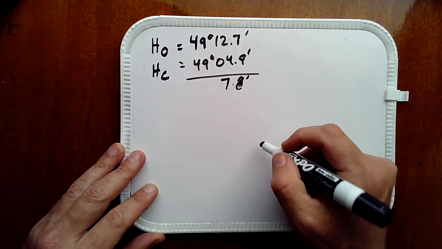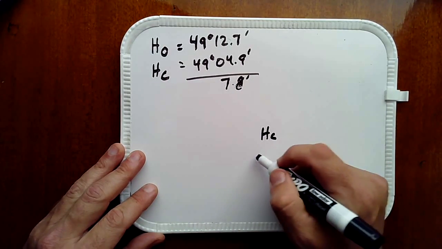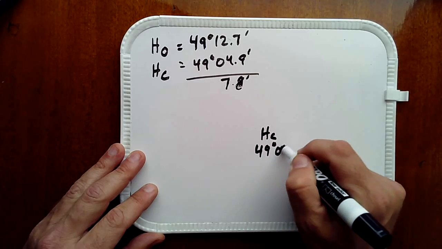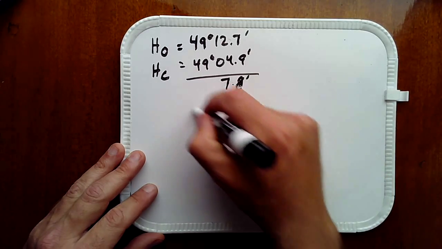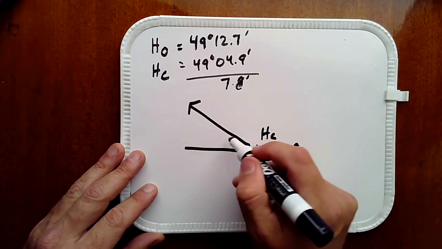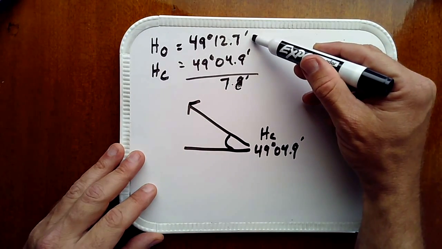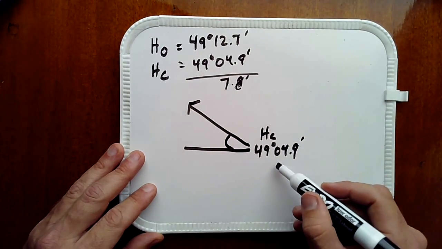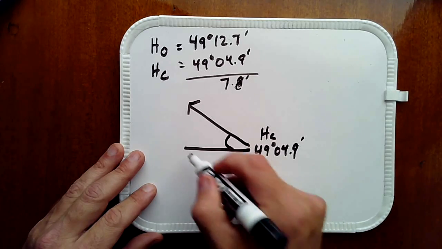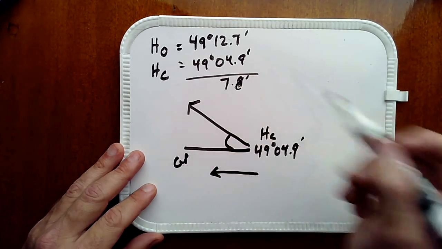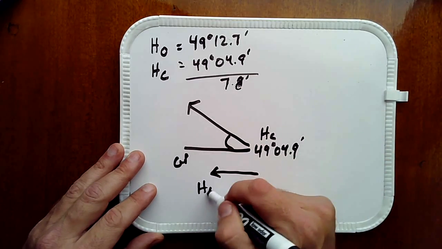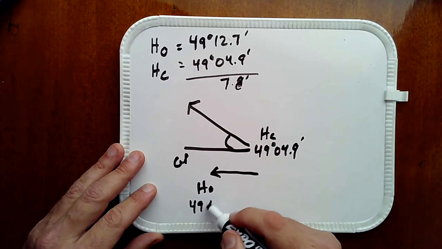So for instance, in this case, the height computed was 49 degrees 04.9. So that was the angle that they saw the sun at above the horizon. Is the height observed more or less? Well, it's more. So in this case, we're closer to the GP than the height computed. So the height observed over here is 4912.7.